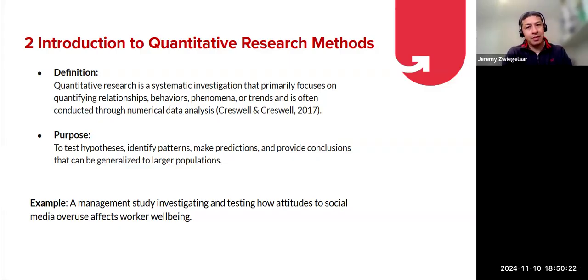So in our case here, social media overuse and how it affects worker well-being. We would then say we were trying to understand from the patterns which groups of people are most affected and how. Okay, so we will explain that given what we have, but we will have these questions that we are asking of this particular sample in the survey, and we will compare and contrast our findings based on the results of those different groups.